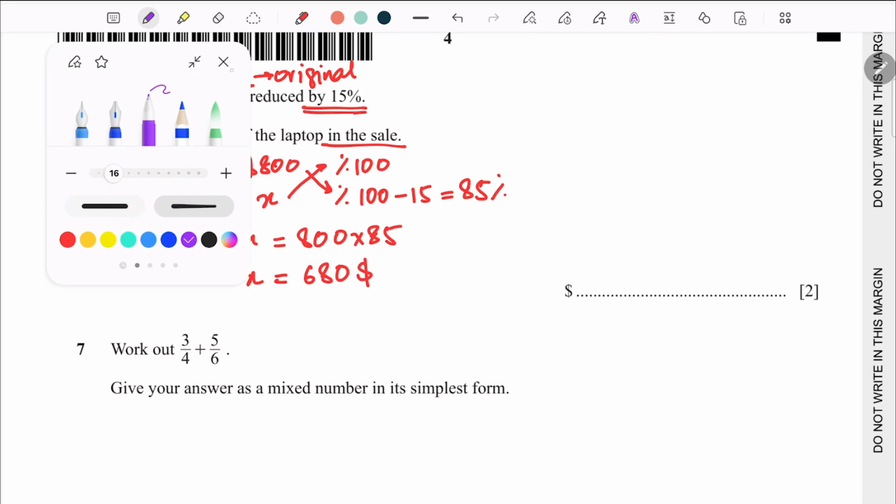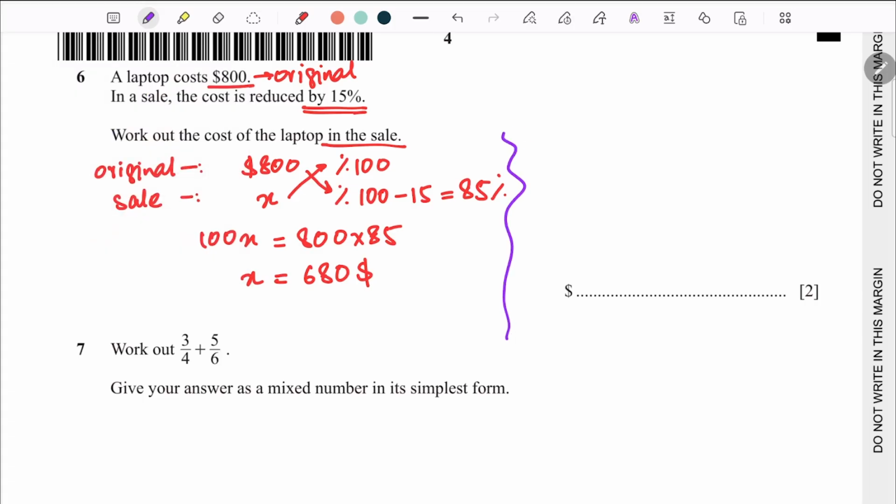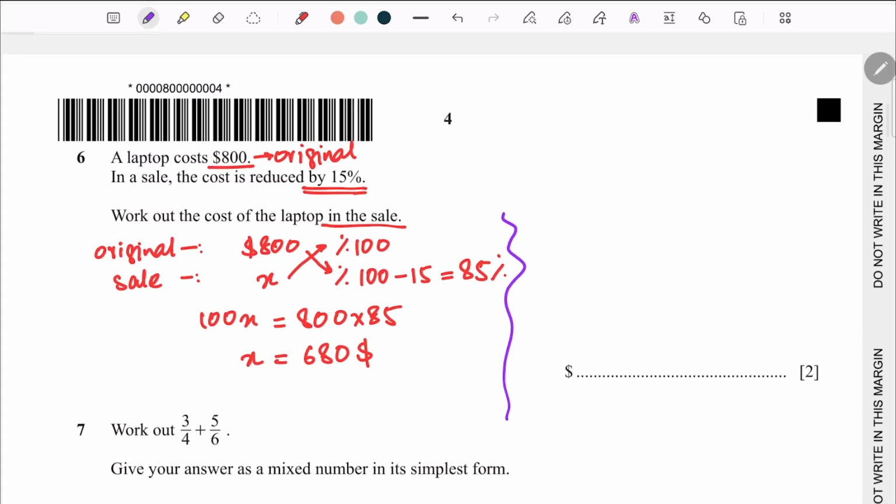Now the second method is also relating to ratios. If originally the price was $800 and originally the percentage was 100%, the question is stating that the cost is reduced by 15%.